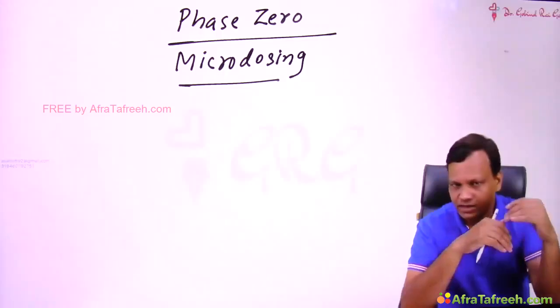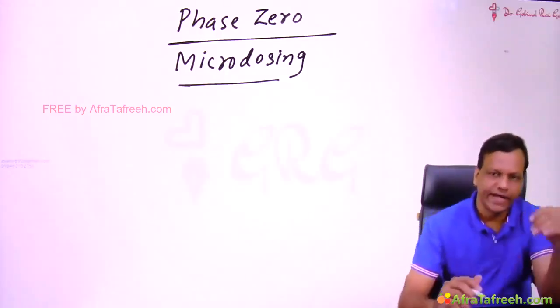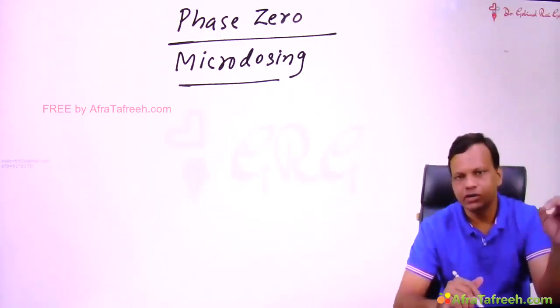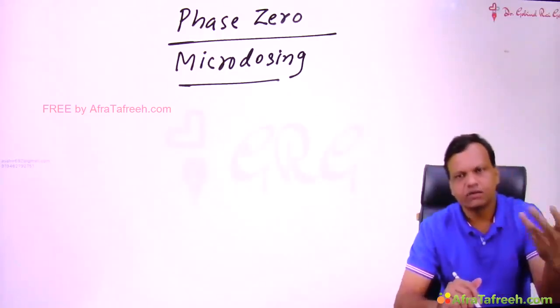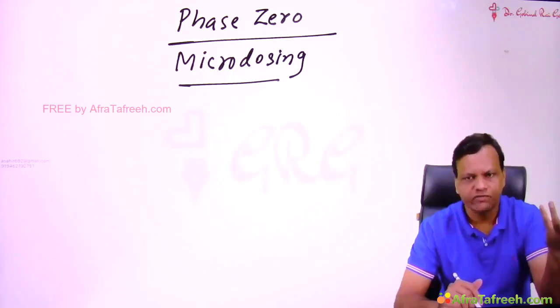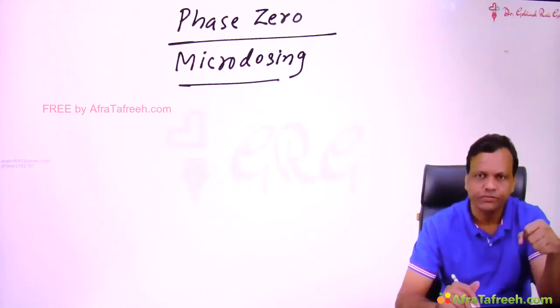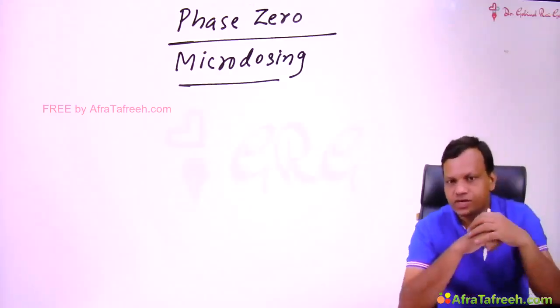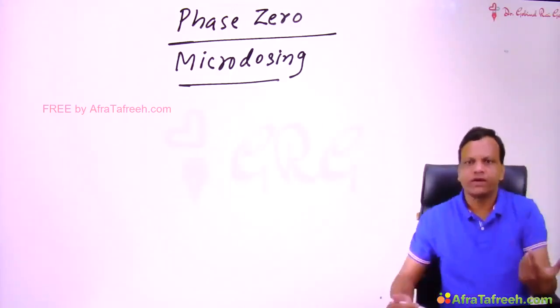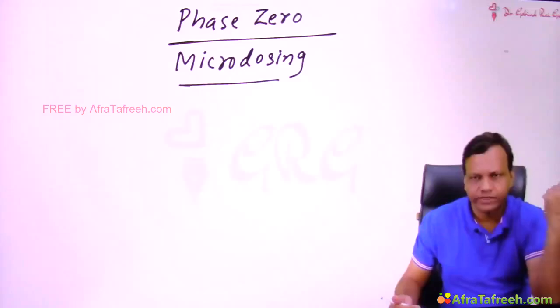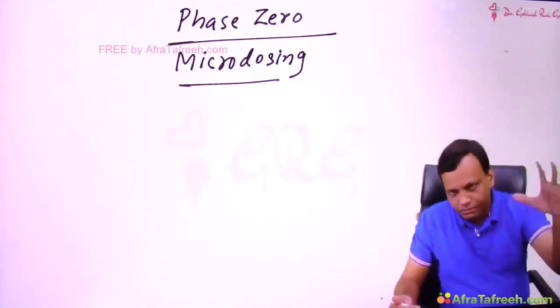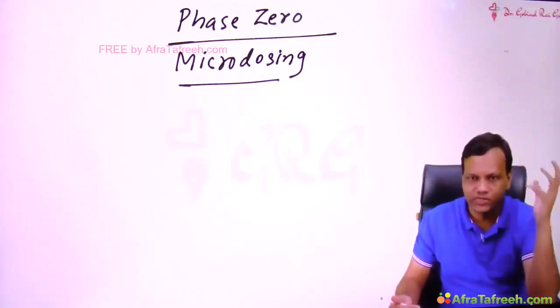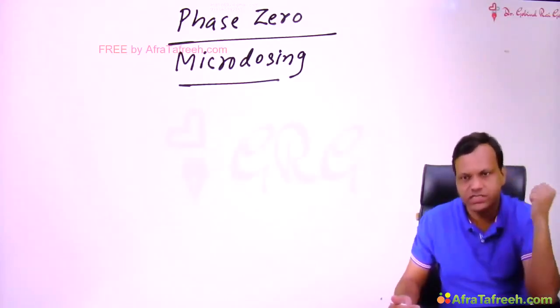We have started developing a drug, we have already spent several million dollars on that drug, and that drug fails. So drug development is a very costly affair. Out of 10-20 drugs that we develop, only one can be approved, most of them fail. Whatever money we have spent on those drugs which have failed is all a waste.